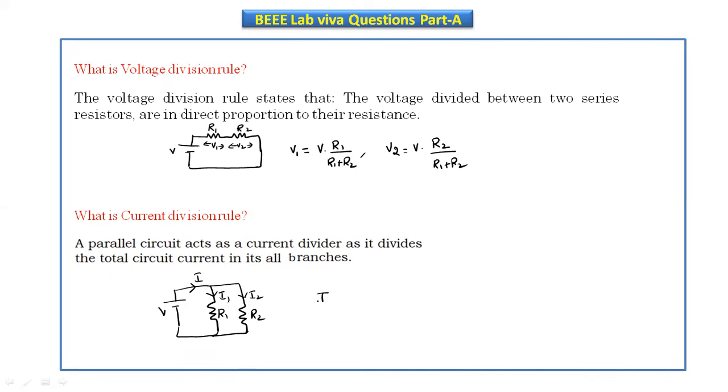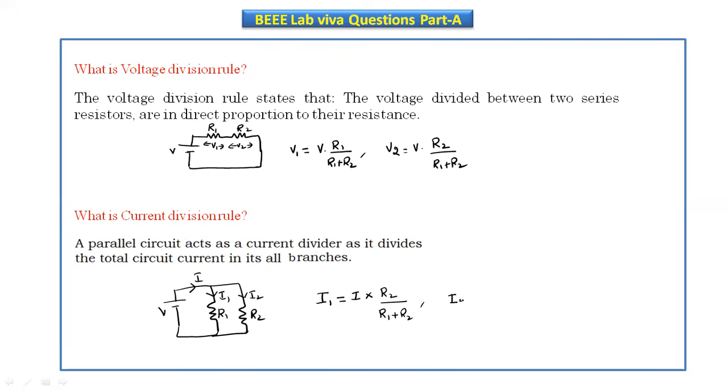The current division rule states that the required current, I1, is equal to the total current times the opposite resistance. The current passing through R1 is I1, so for R1 the opposite resistance is R2. I1 equals I times R2 divided by the sum of the resistors, R1 plus R2. That is the current division rule formula.